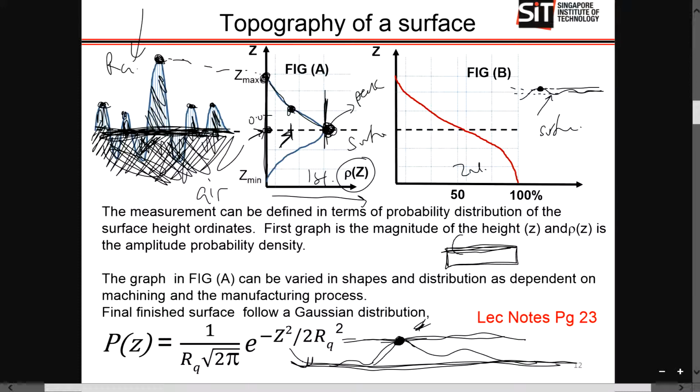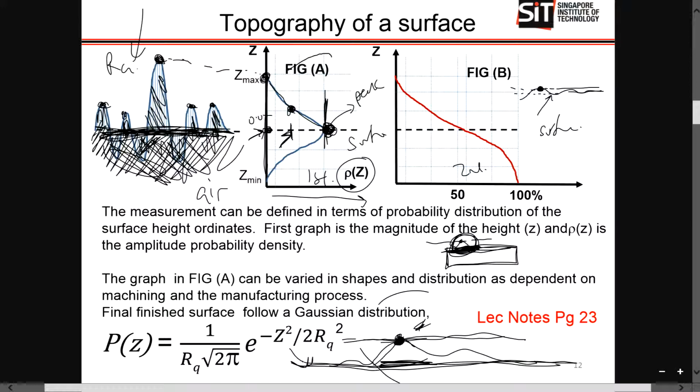If I were to zoom in into this portion, this is what I'm looking at. So this is the surface. Maybe if I were to exaggerate a bit, it's like that. So this is not your surface ma, this is just a spike only, that's all. Hopefully you are kind of clear, I guess.